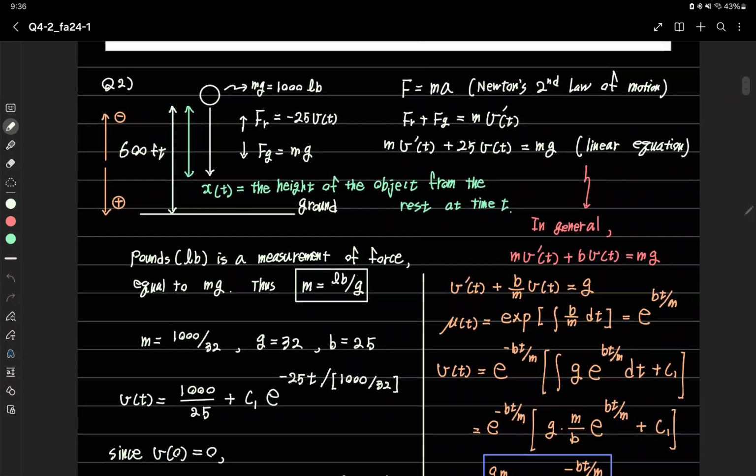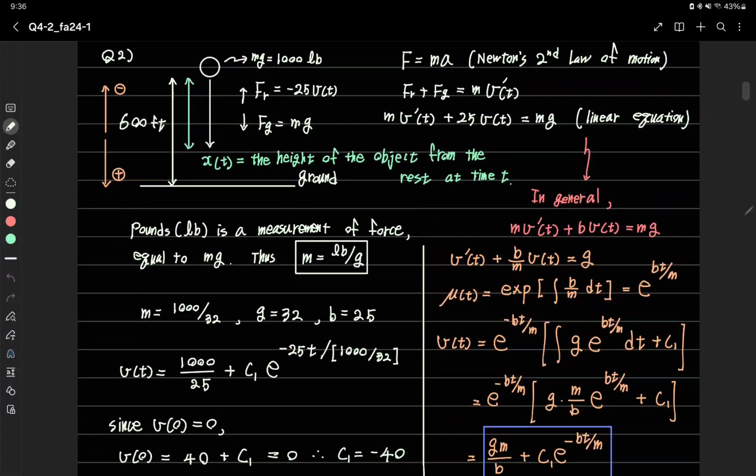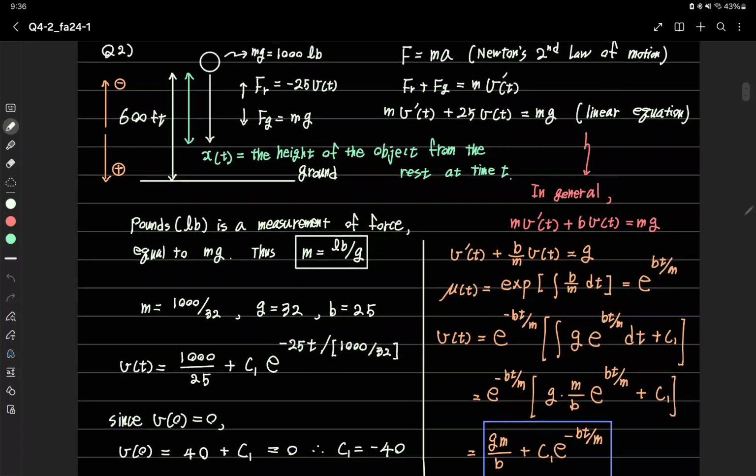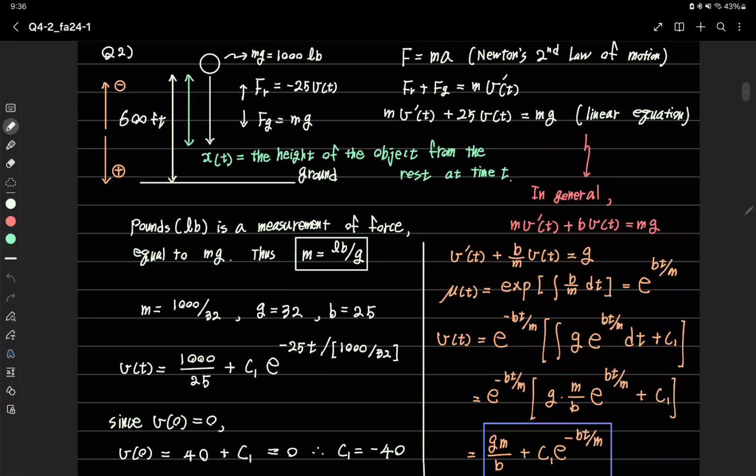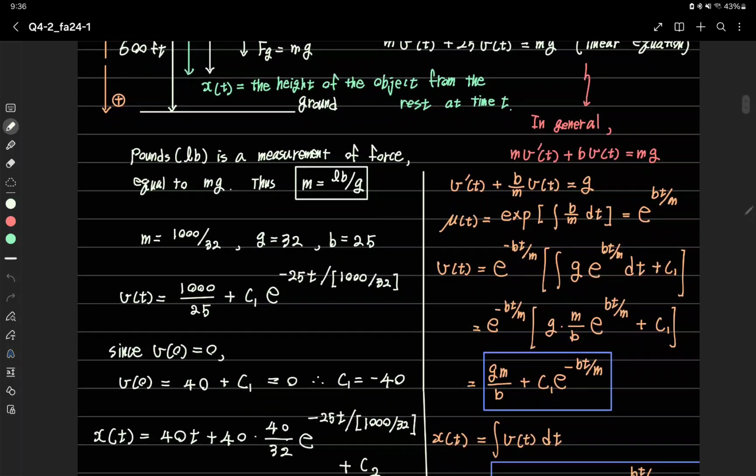In the problem, the weight in pounds of the object is given. The pound is a measurement of force, and force here is m times g. So m must be pounds over g. You should keep that in mind.